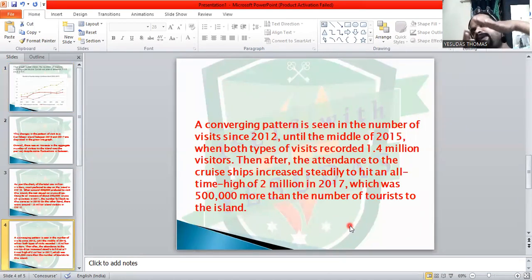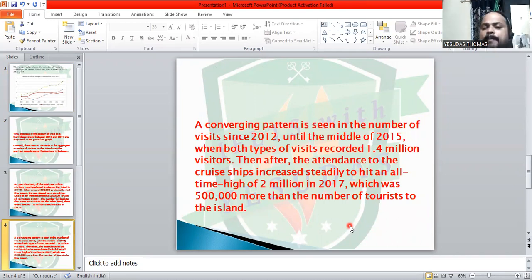After 2012, we could see a converging pattern in the number of visitors till the middle of 2015. Both number of visitors recorded 1.4 million. Then after, the attendance to the cruise ship increased steadily to hit an all-time high of 2 million. That's the highest point in 2017, which was 500,000 more than the number of tourists to the island.